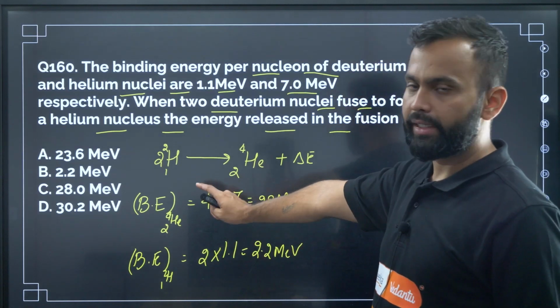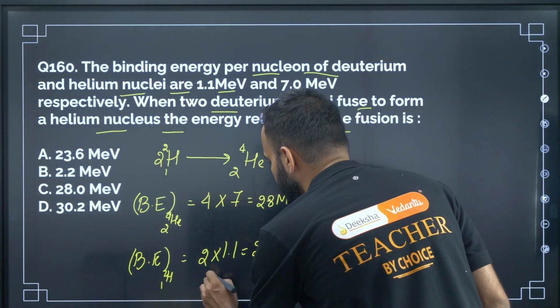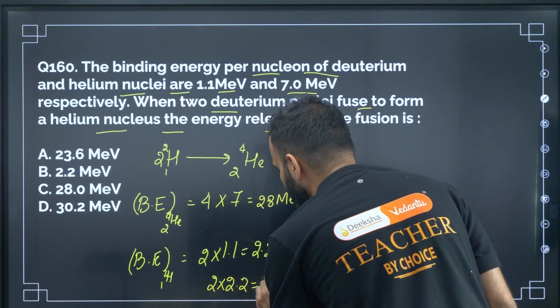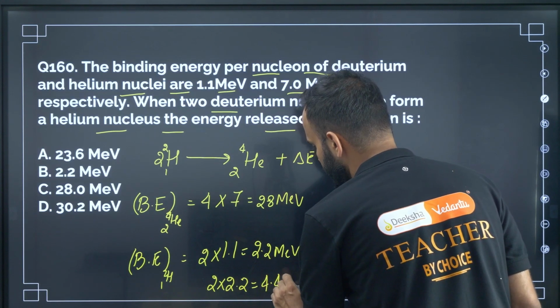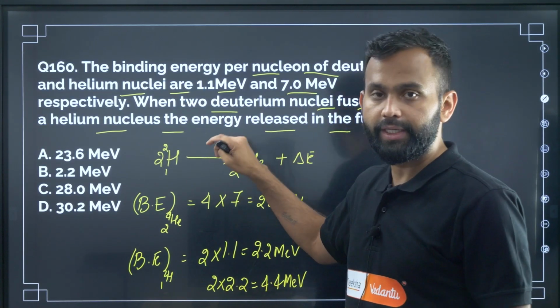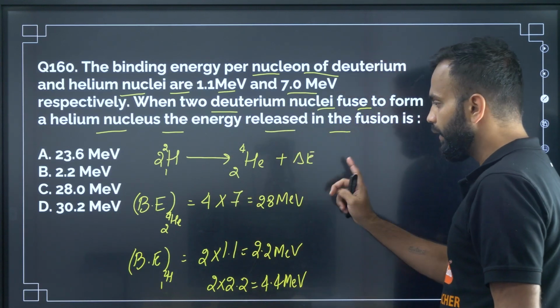So how many deuterium nuclei are there? 2, so 2 into 2.2 is equal to 4.4 mega electron volt. So the binding energy of the two deuterium nuclei is 4.4 mega electron volt. We need to find the energy released.